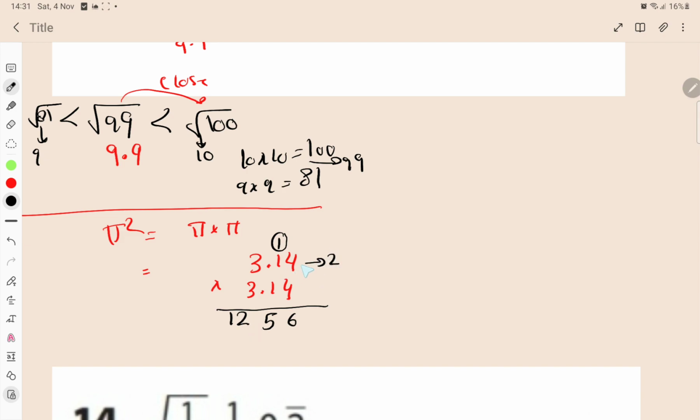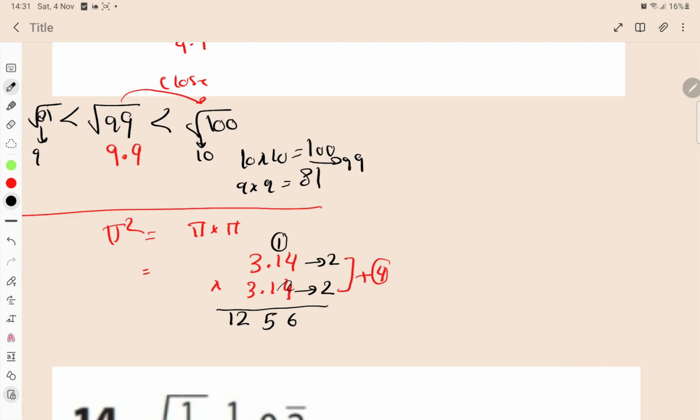Here you have 2 decimal places, and here you also have 2 decimal places. So the answer should have 4 decimal places. Now I'm done with the first number.